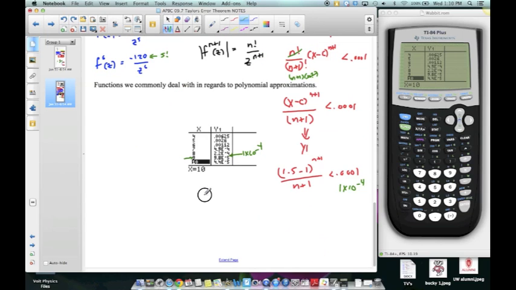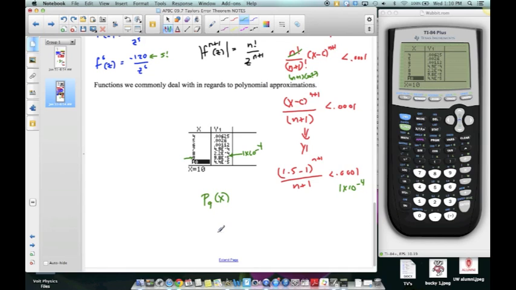So what that means is that we need to have a 9th degree approximation. So we need a 9th degree polynomial to get an error of less than 1/10,000th.